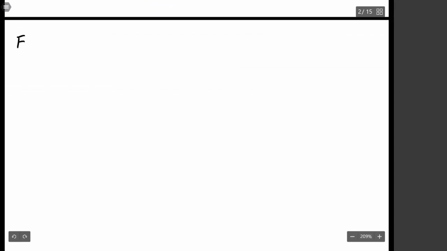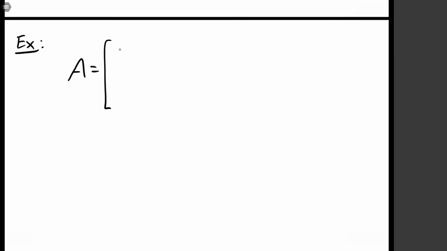Let's take an example and do some 3 by 3 stuff just so it looks a little interesting. Let's say we do 1, 0, minus 2, 1, 4, 2, and 0, 3, minus 1.